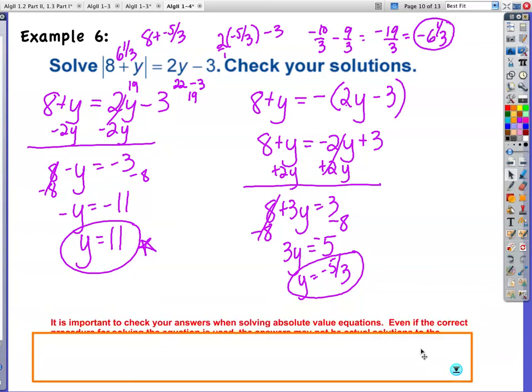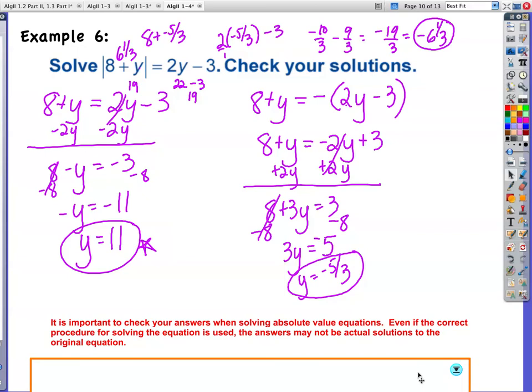Let's see what this little box down here says. It is important to check your answers, which I know I'm horrible at, but when solving absolute value equations, even if the correct procedure is used, the answer may not actually be a solution to the original equation. You may have had this before. We call them extraneous solutions.